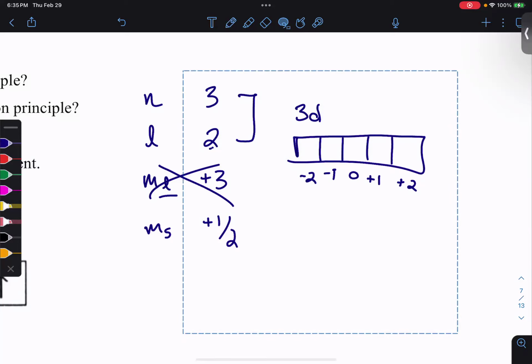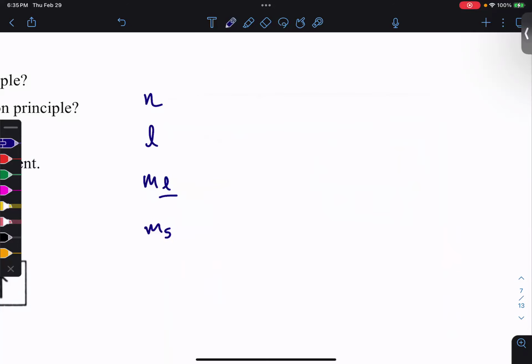Okay, let's do another one. So that one's not allowed. What if we did 3, 3, 0, +1/2? Is that allowed? No, that is not allowed, because what are the rules with L values? The possible ones are only up to n-1. It doesn't mean that you have to do n-1, all right?